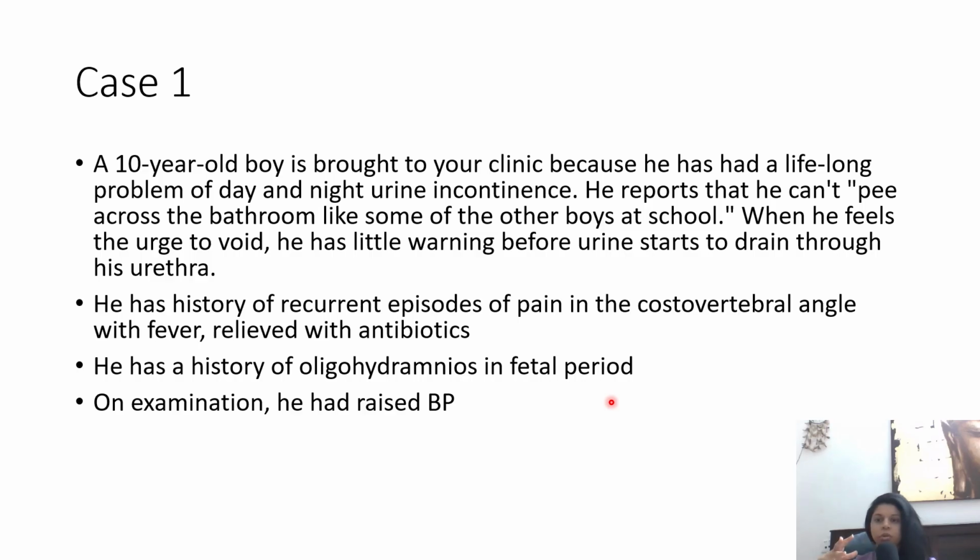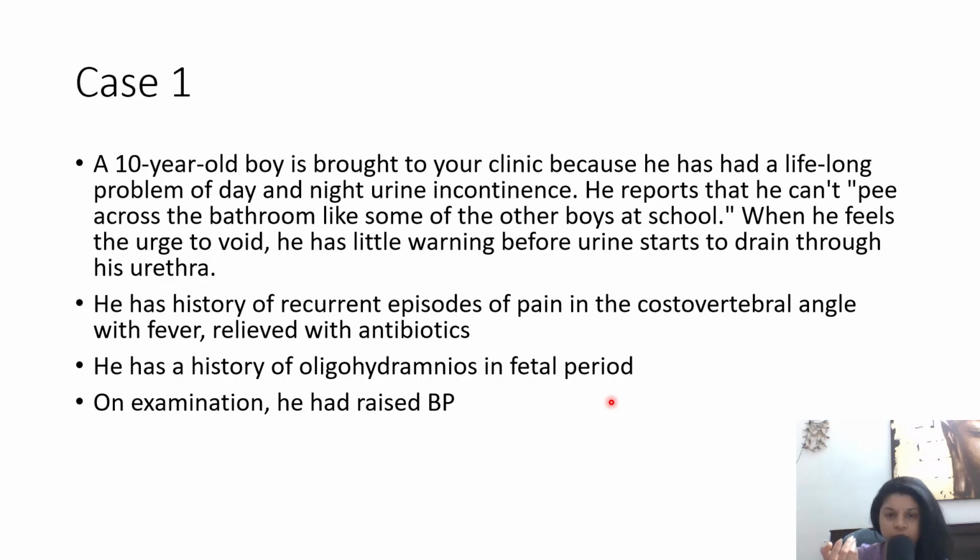The amniotic fluid is mainly formed from the urine passed by the child, and the urine produced by the child comes from the kidney only. If the amniotic fluid is normal, it is best for the child. If it is more, it is a condition called polyhydramnios, and if it is less, it is called oligohydramnios.